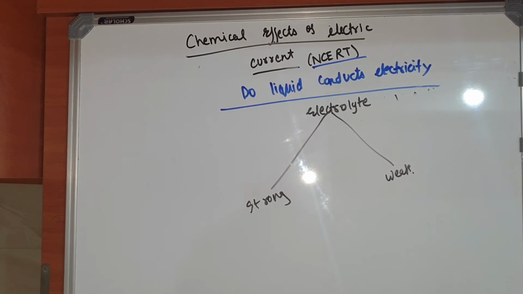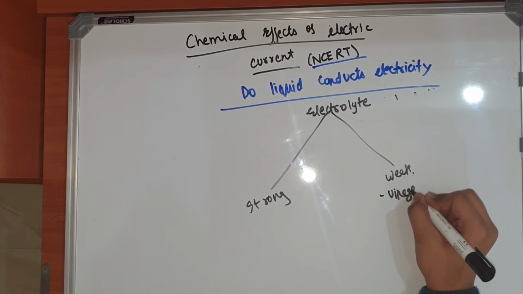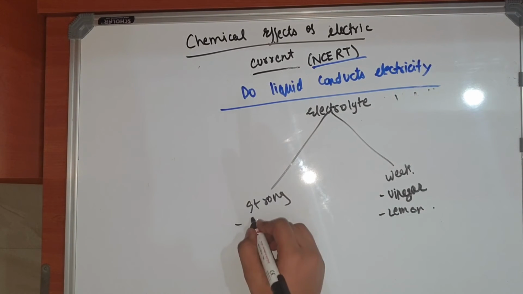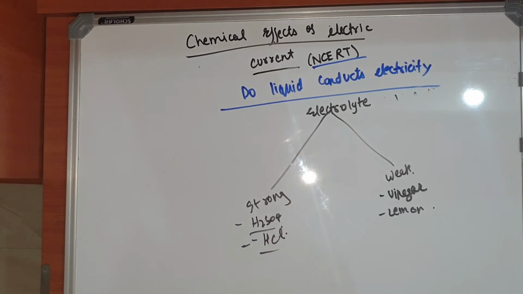Examples of weak electrolytes are lemon juice, and strong electrolytes are H2SO4, HCl, acids and strong bases.